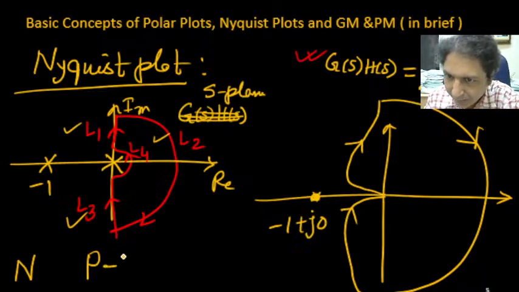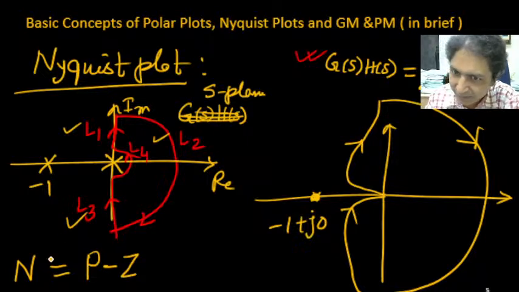So P minus Z will give you N. So simply, N is the number of times this contour will enclose the minus 1 plus j0 point in anti-clockwise.